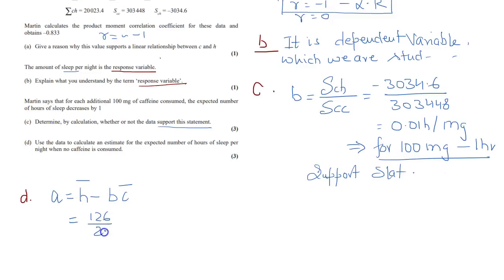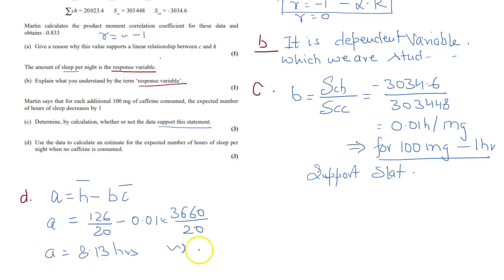So 126 over 20 minus B. We have just calculated here 0.01 and C. Sigma C is 3660 over 20. So that is the value of A. So this is 8.13 hours.